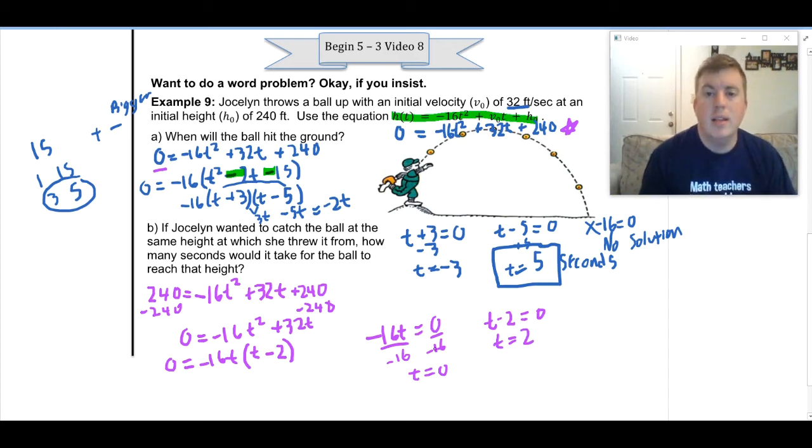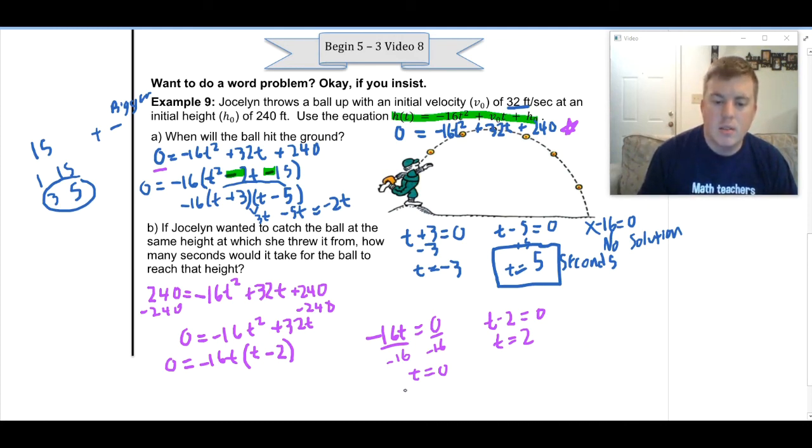Again, we need to think about the circumstances we're being asked about. We are told that Jocelyn wants to catch the ball at the same height at which she threw it, so it's going to be at that height two different times. Those two times are 0 seconds and 2 seconds. We are interested in the time that she caught it.